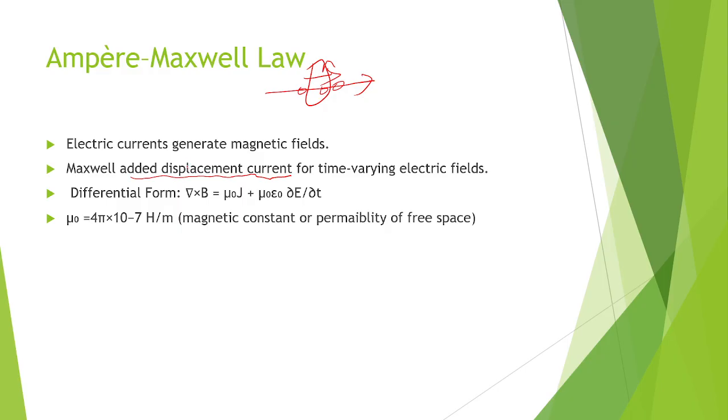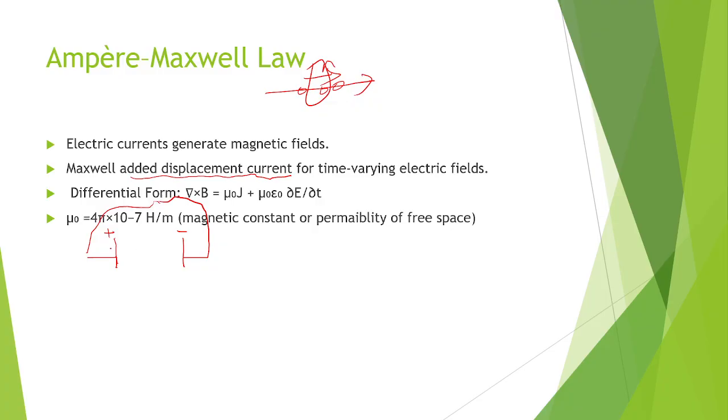What is a time varying electric field? That means when you have a capacitor and you are charging the capacitor, let us do something for it. You have a capacitor, plus and minus, and you connect it with a charger and you are charging it.